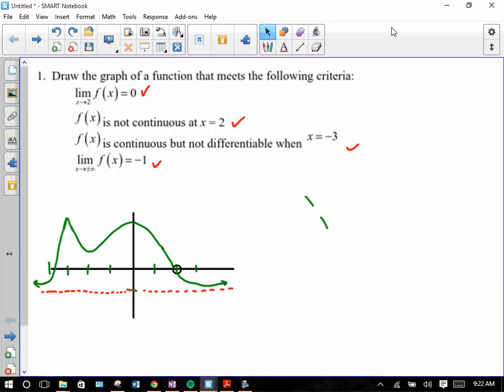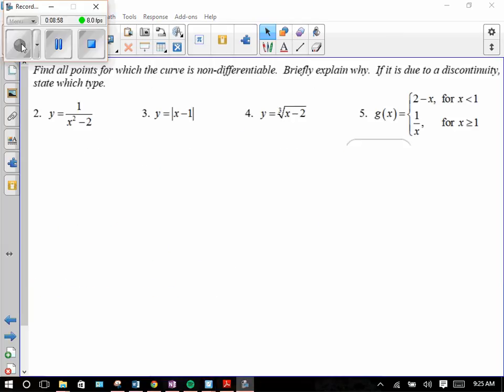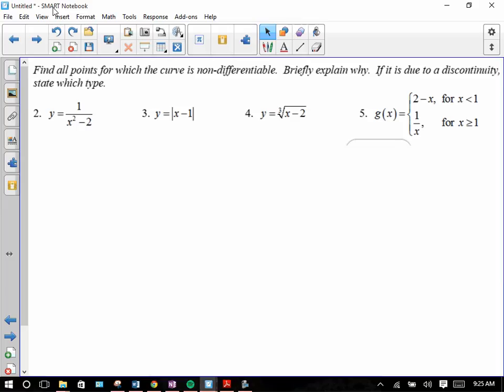Alright. So here it's asking to find all points for which the curve is non-differentiable. Briefly explain why. If it is due to discontinuity, state which type.